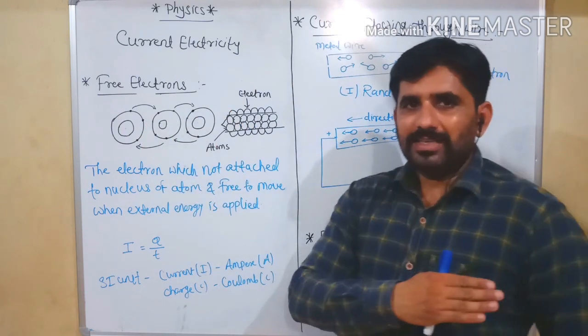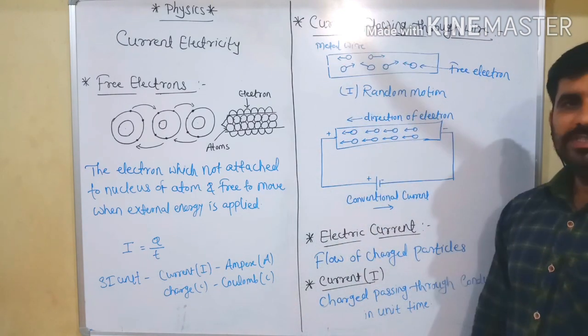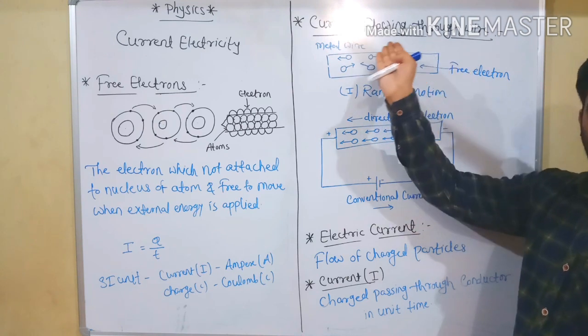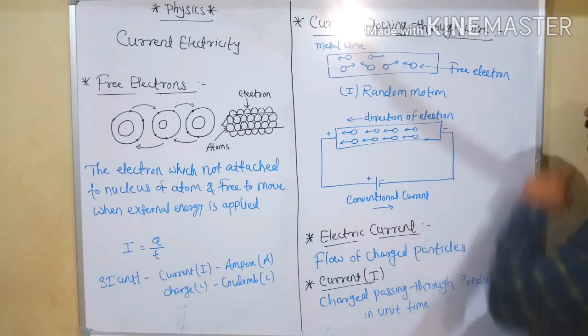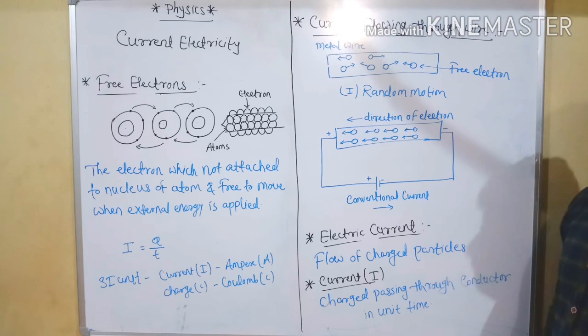So how will they transmit? Let's see here how the current flows through the wire or through the conductor. For that we have shown two diagrams. In the first diagram, one conductor is shown. Let's consider it a metal wire.